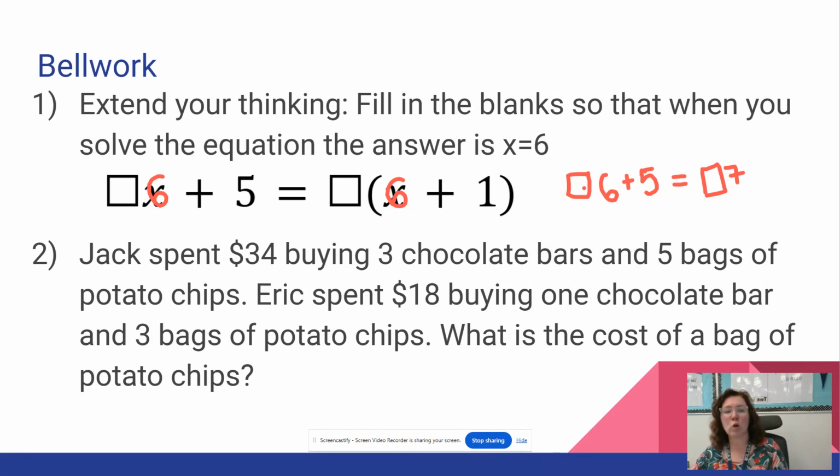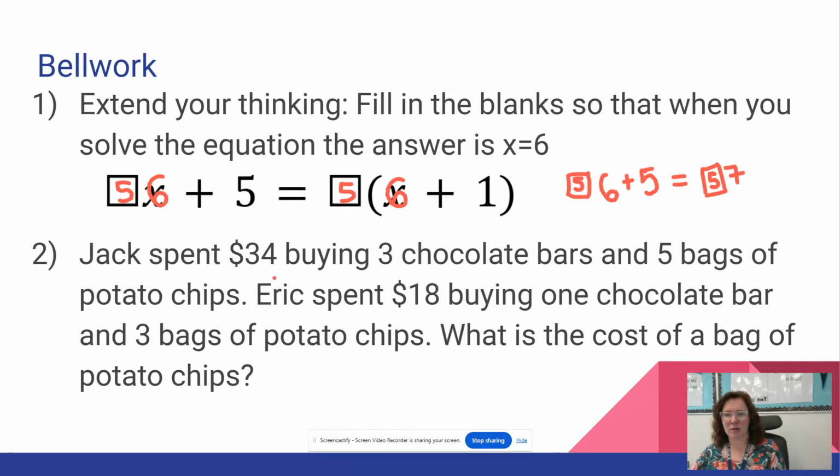Nope. 4 times 6 is 24 plus 5 is 29. 5 times 6 is 30 plus 5 is 35, and that is 5 times 7. So one option is we could put a 5 right here. I'm not saying that's the only option, that's just one that I was able to find.